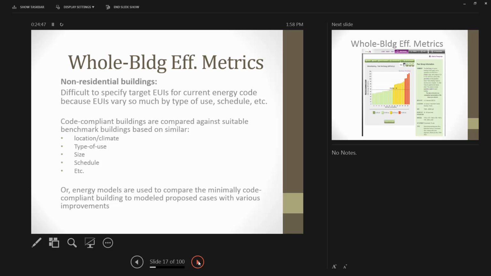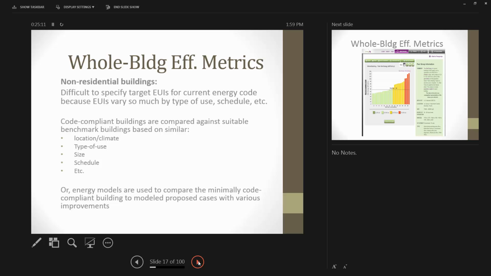But a couple other things that have to be compared when you're looking at building to building are the location and the climate, the type of use, the size, and the schedule of the building. When we talk about whole building efficiency measures, these can make a big difference in the energy use of the building.